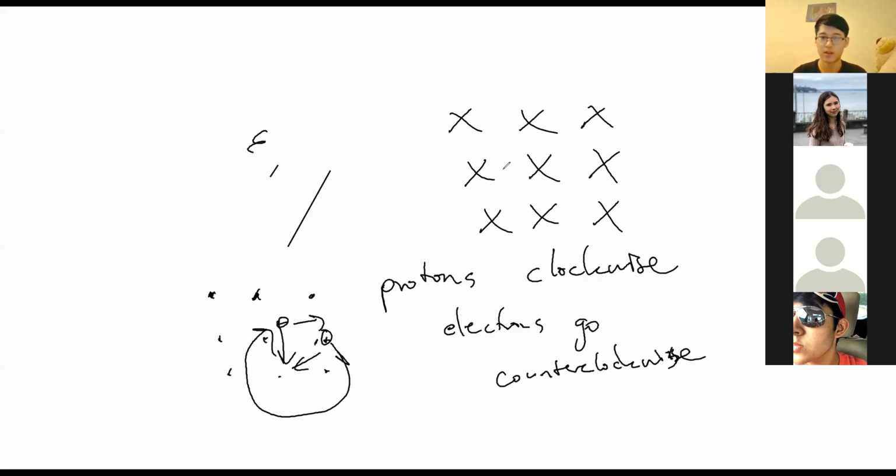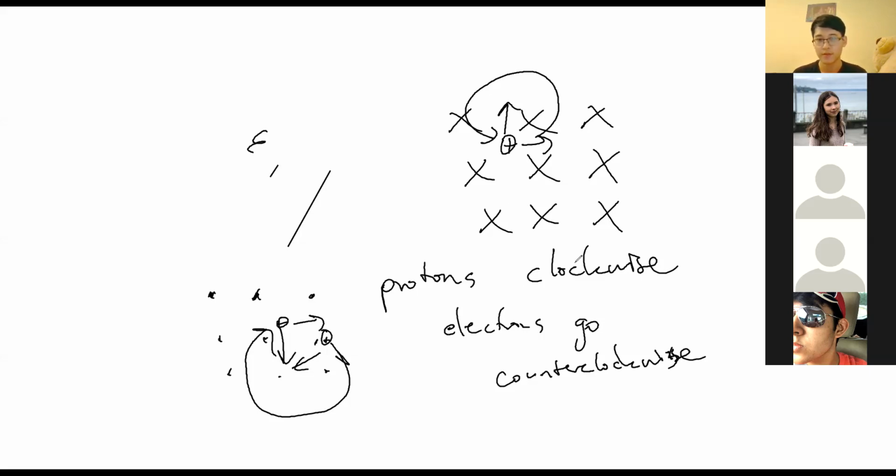So say a proton is moving in this direction, and the magnetic field is pointing down into the screen. That means that the force is pointing upwards, so it goes around in a circle like this, which means it's actually going counterclockwise. And then electrons go in the opposite direction, so electrons now go clockwise.